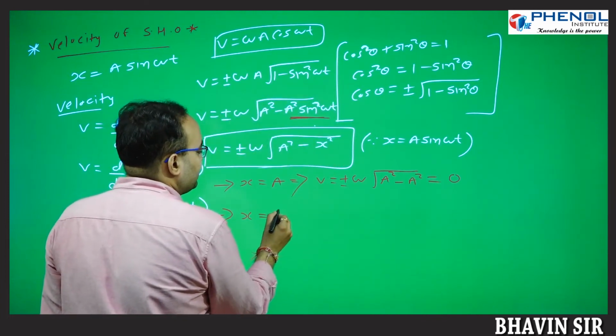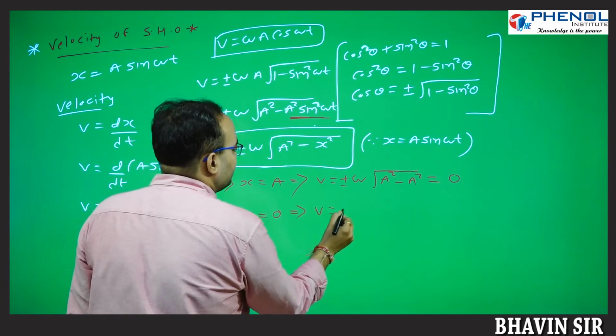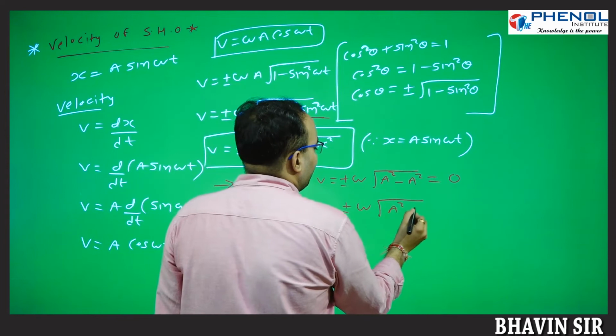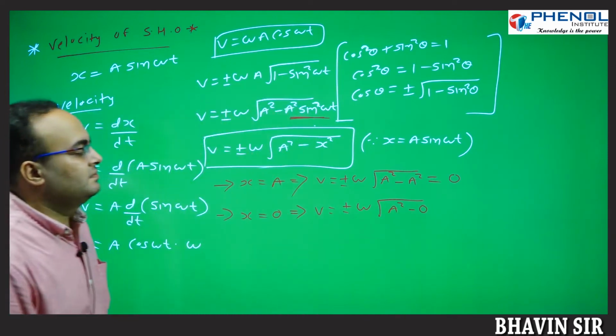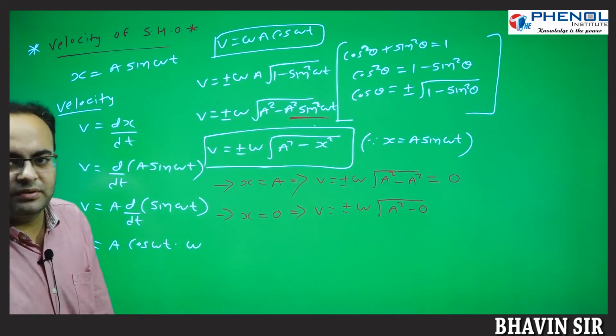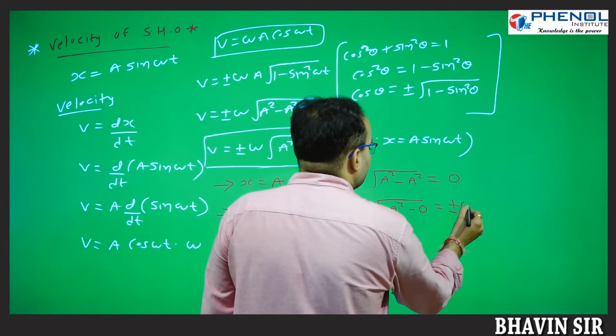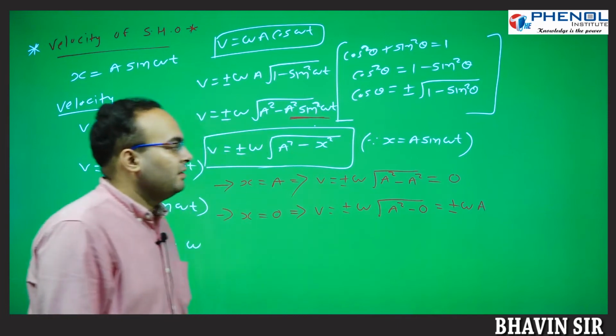If we take x equal to 0, then plus or minus omega under root a square minus 0, then it becomes plus or minus omega a.